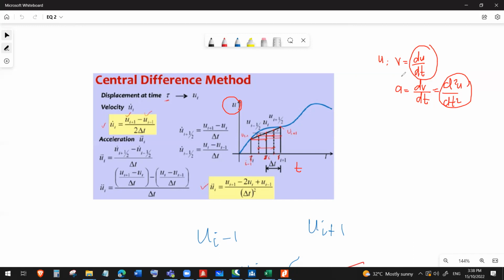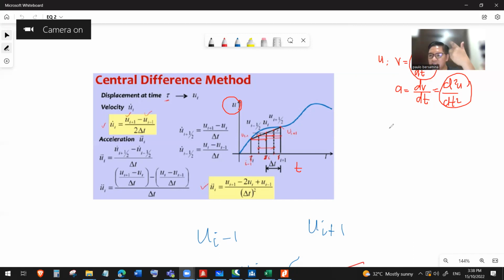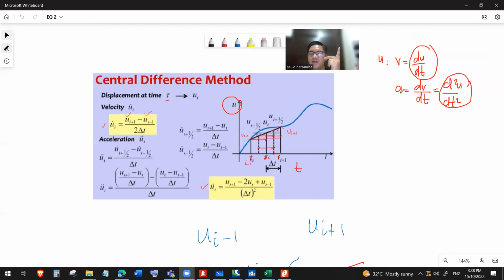Okay. So if the displacement versus time curve is given, just get the rise over run of that curve, that's the value of the velocity. Okay? And of course, if your curve is continuous, the value of the velocity is also continuous through time.